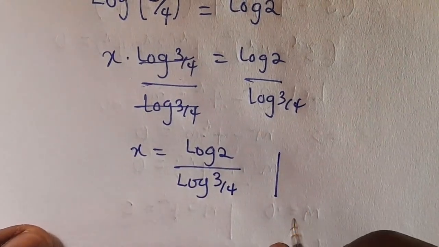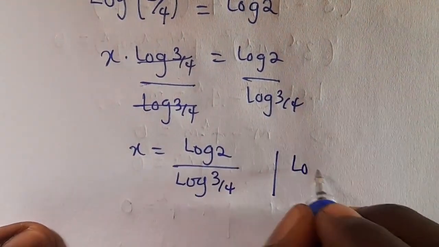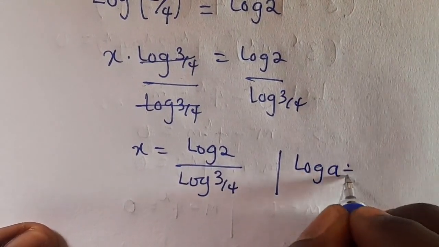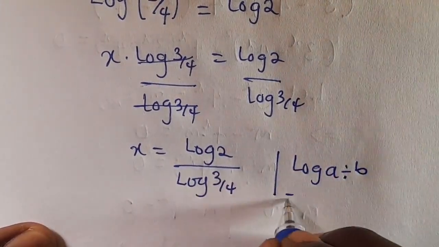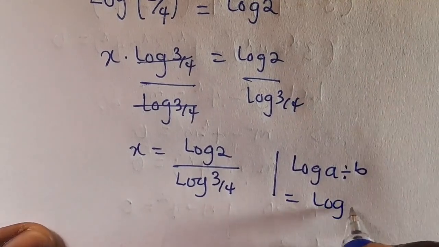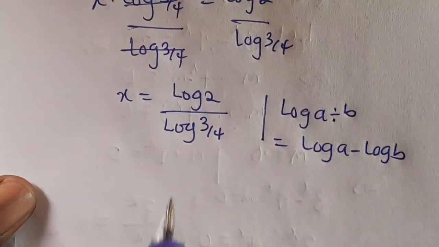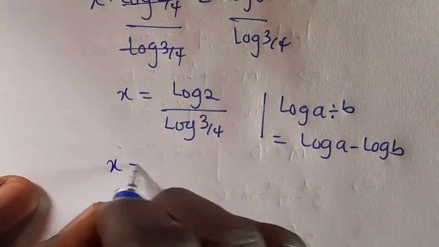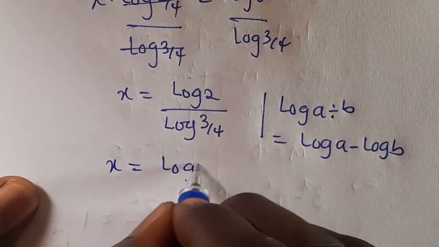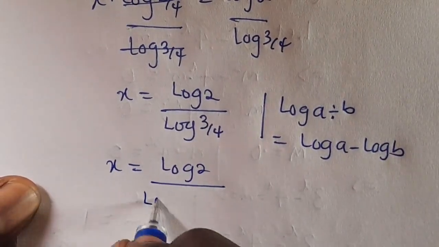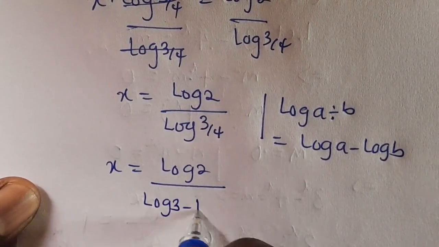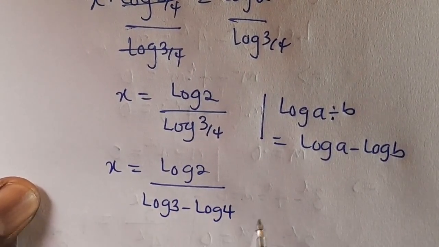But mind you, when you have log of a divided by b, this equals log a minus log b. And so by applying it here, we have our x to be equal to log 2 divided by (log 3 minus log 4).